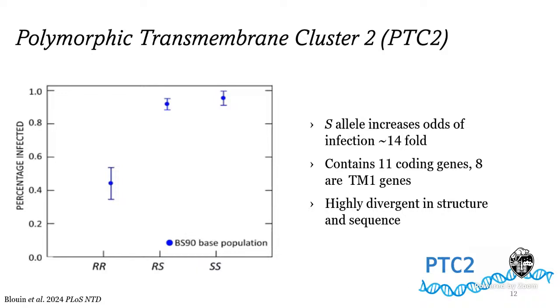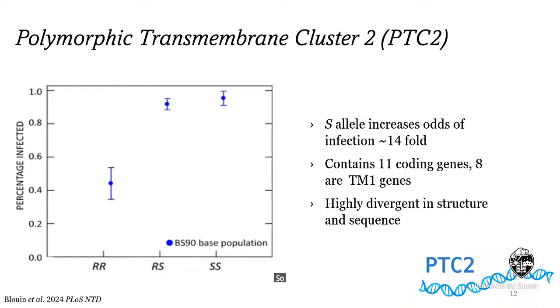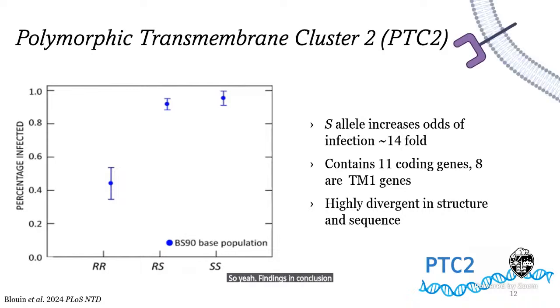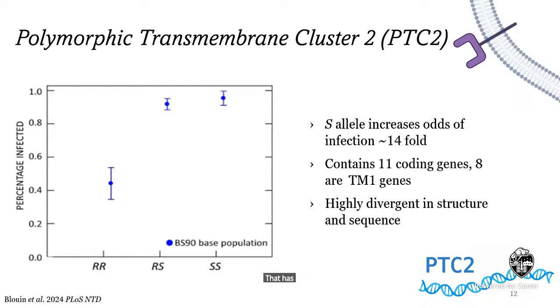Besides the transmembrane domains, this group of genes shares no homology to the GRC region or to any other class of proteins to our knowledge. So these findings, in conclusion, are also consistent with the hypothesis that the PTC2 proteins may also be functioning as a sort of pattern recognition receptor that has immune significance.